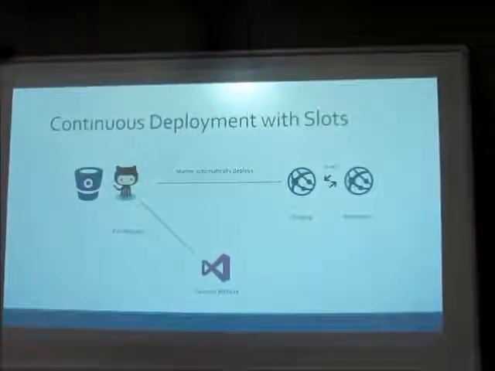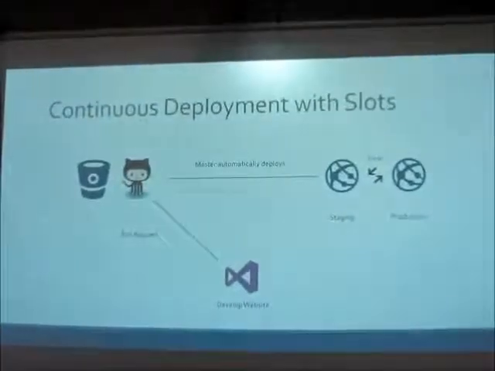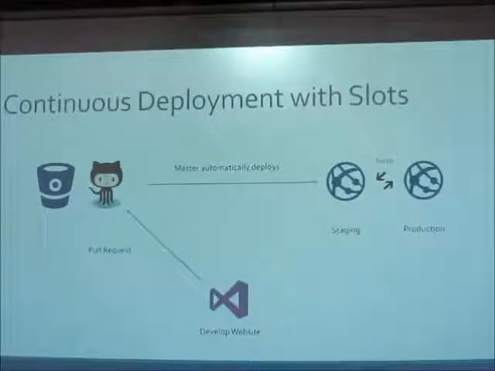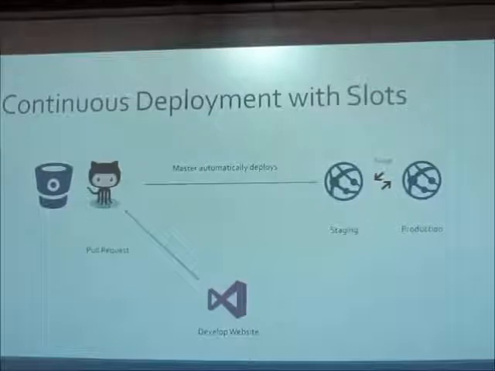So there's one other thing that we can do. This would be the next step, and this is something you want to do pretty much for any website: you can deploy to staging instead. All right? And what web apps have are called slots. So you've got your production website, and then you can have a staging website, and you can even have a QA website. They're each slots in the Azure Web App.